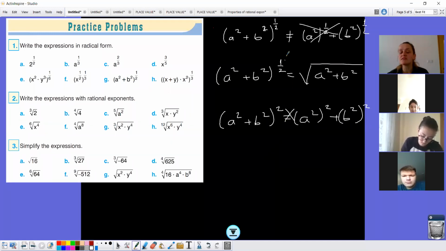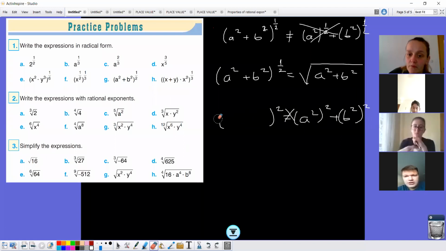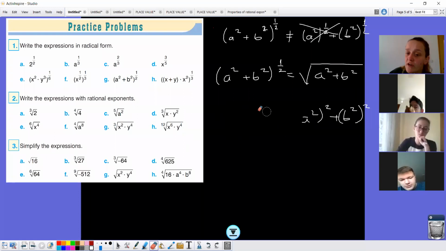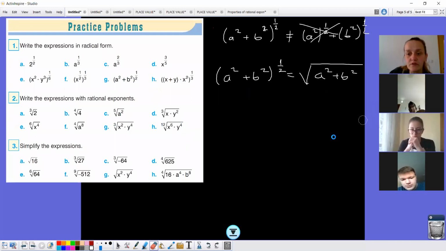Also, in the rational exponents, you cannot do it like that directly, okay? Are we clear? Yes, teacher. When you have multiplication, you can do it. But when you have addition or subtraction, you cannot. I only wanted to say this one because I saw some solutions like that.